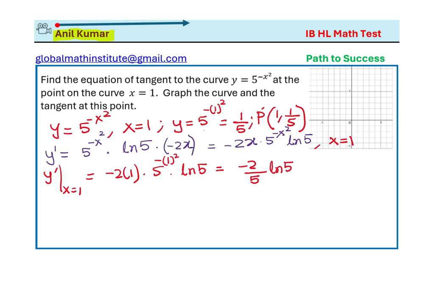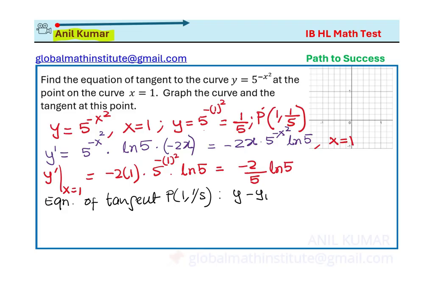Now to find the equation of the line, we can use y minus y1 equals m times x minus x1, the point-slope form. The tangent line passes through the point P, which is (1, 1/5).